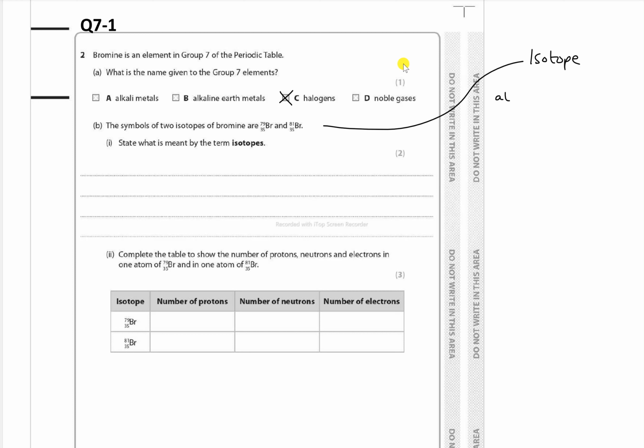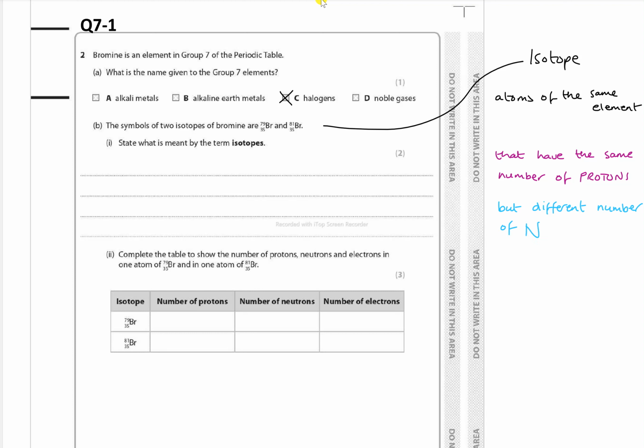Isotopes are atoms of the same element that have the same number of protons but a different number of neutrons.